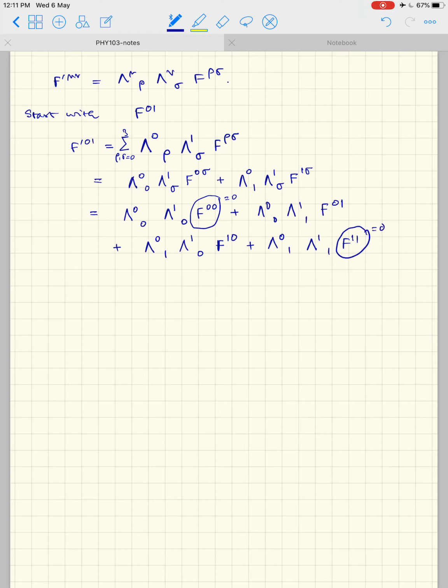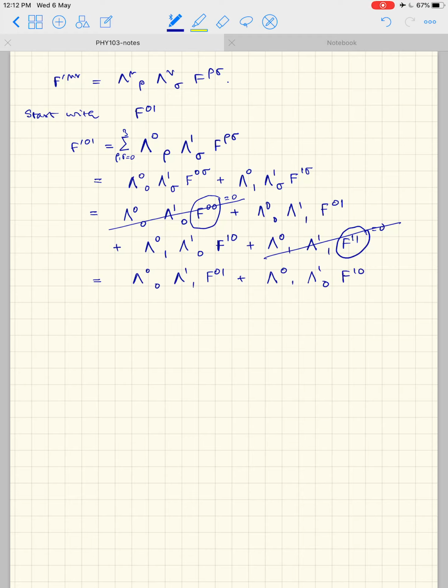So these terms will also go off. So what you're left with is lambda 0,0 lambda 1,1 f0,1 plus lambda 0,1 lambda 1,0 f1,0.